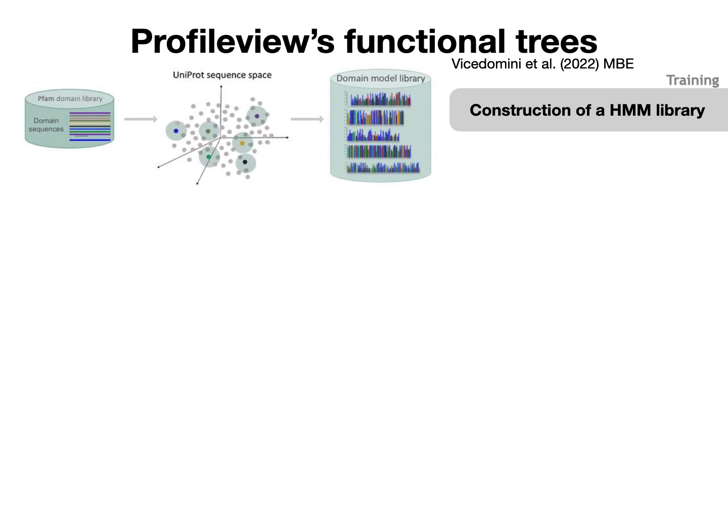For building the library, ProfileView considers a set of seed sequences provided by the user, and for each one of them, it searches into a sequence database for hits with very high sequence identity. A hidden Markov model is thus built for each query sequence and added to a library whose scope is to store profile information about the seed sequences.